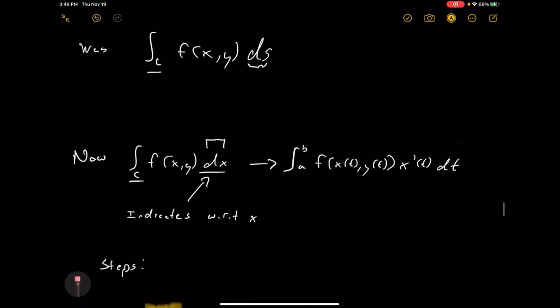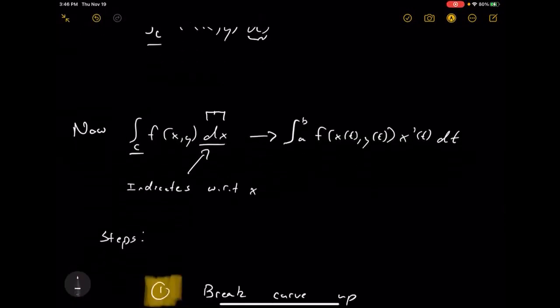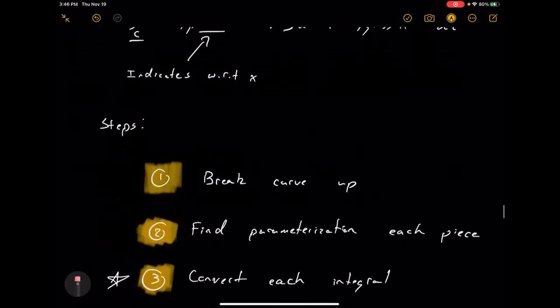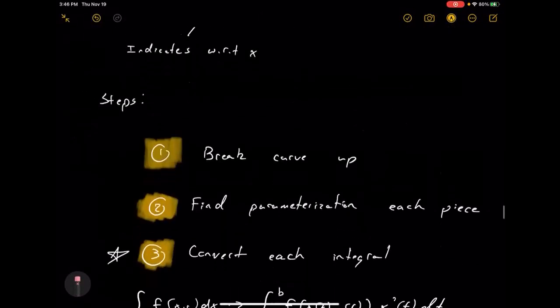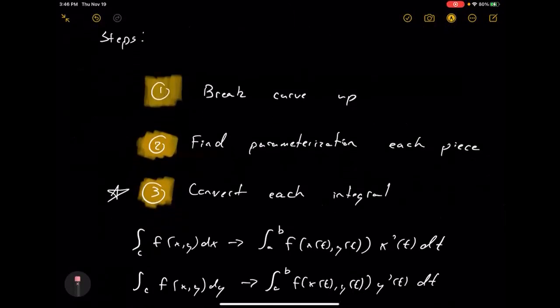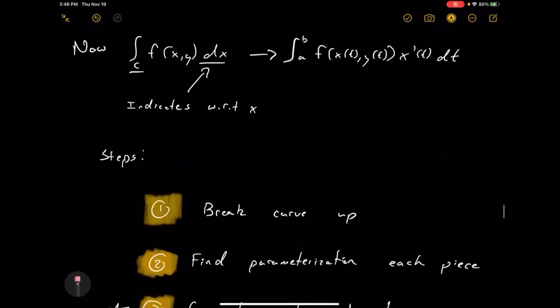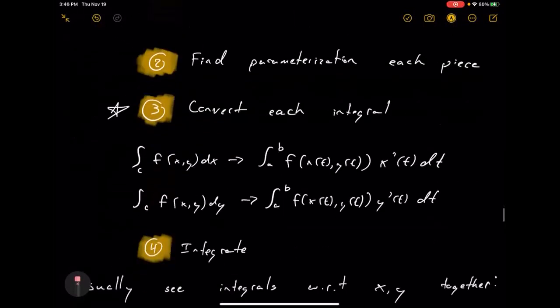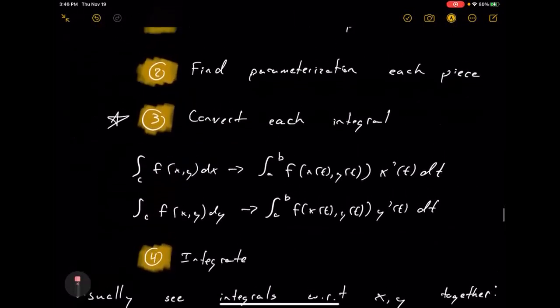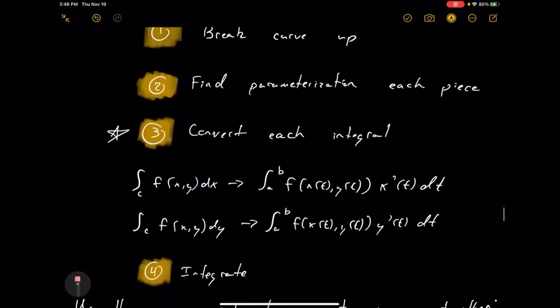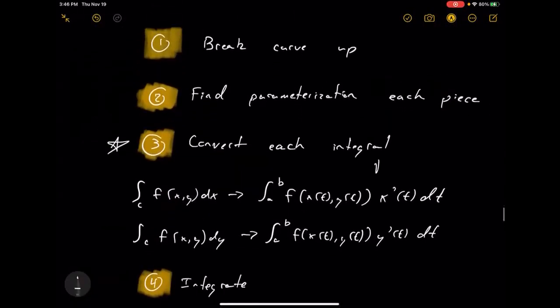The only difference is we still follow a lot of the same steps, which you'll see here. We still break the curve up if necessary. We still find the parameterization the exact same way. We parameterize the curve C. And then the only difference is in step 3, how to convert each integral. Instead of having that square root of dx dt squared plus dy dt squared term dt, we just have x prime of t dt.